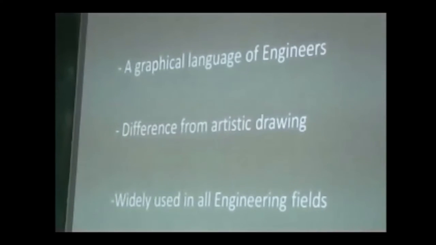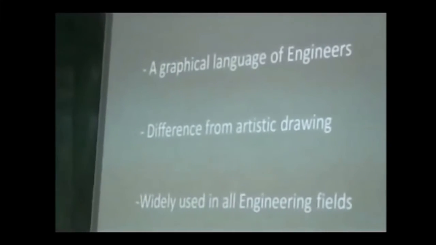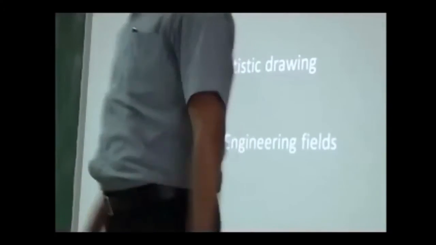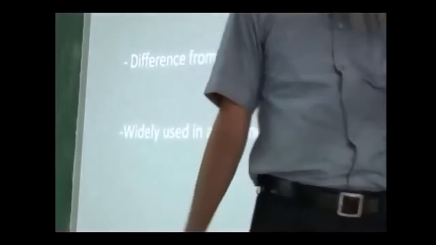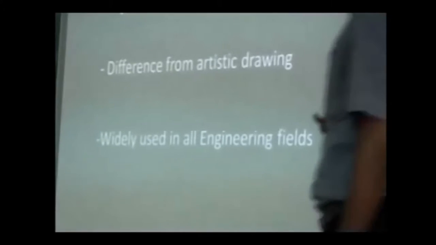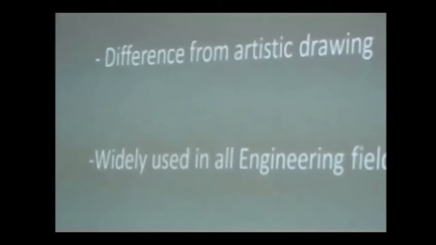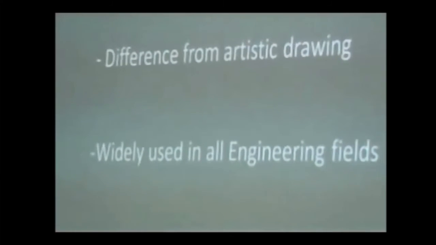The component which you have visualized can be made. So for a component to be realized, the very first stage is to draw an engineering drawing for that. As I told, it is commonly used in almost all fields of engineering. That's why it is a general subject for all engineers.